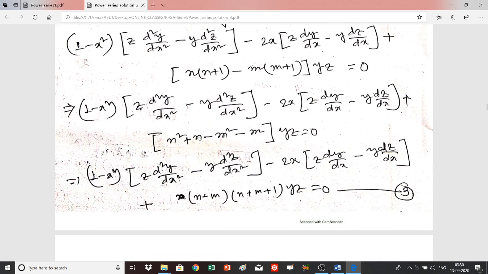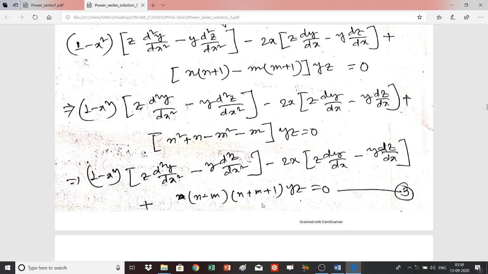From the last term, after simplification, n squared minus m squared plus n minus m gives n minus m as a common factor, and the rest is n plus m plus 1.